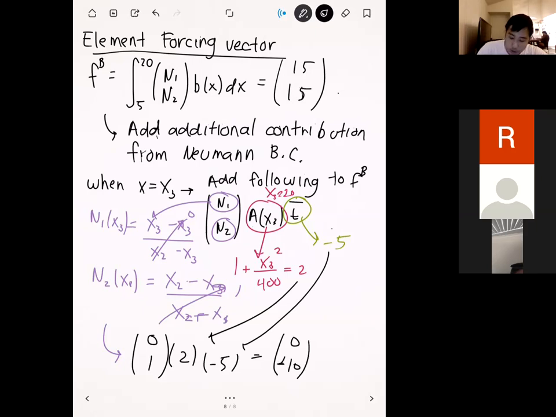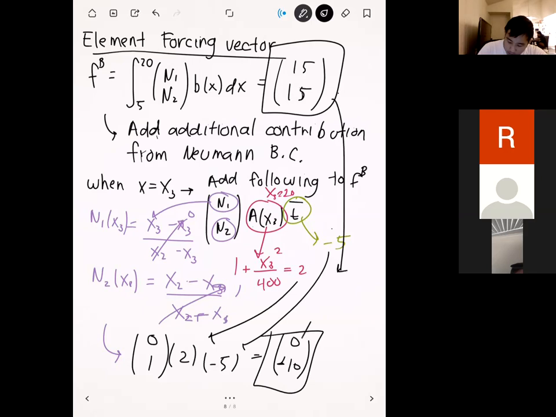So we have an element forcing vector contribution of 0, minus 10. The total element forcing vector from element B is simply the sum of these two. If we take 15, 15, and add that to 0 and minus 10, we get 15 and 5.